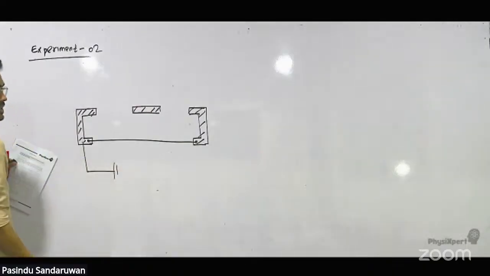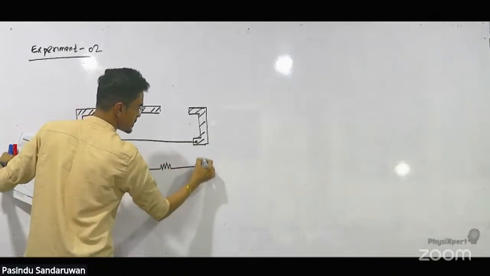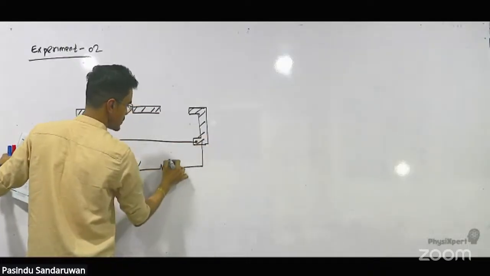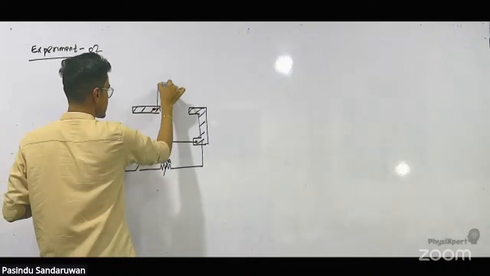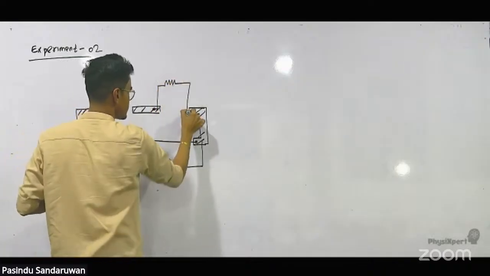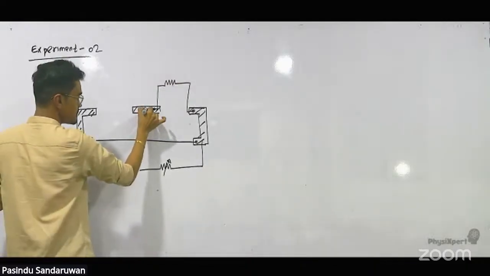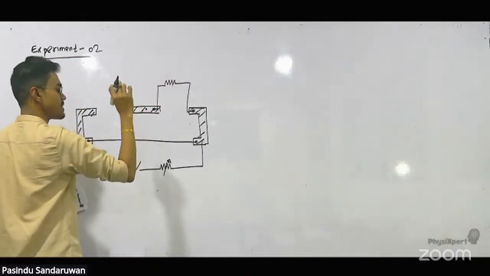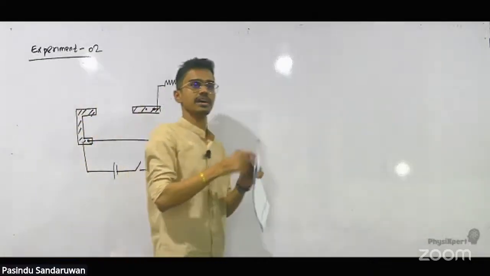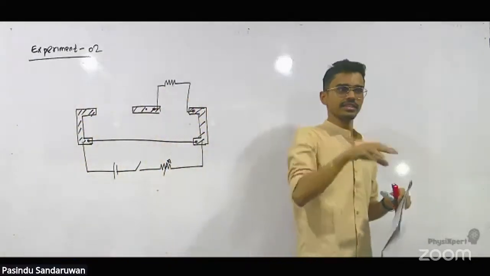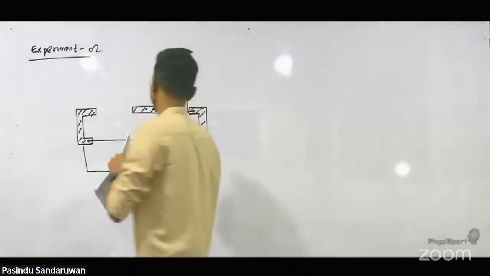Accumulator, switch, and the variable resistor. And here there is a fixed resistor and an unknown resistor, the same thing which we have in the potentiometer and meter bridge. The galvanometer, safeguard resistor, plug key, everything is the same.